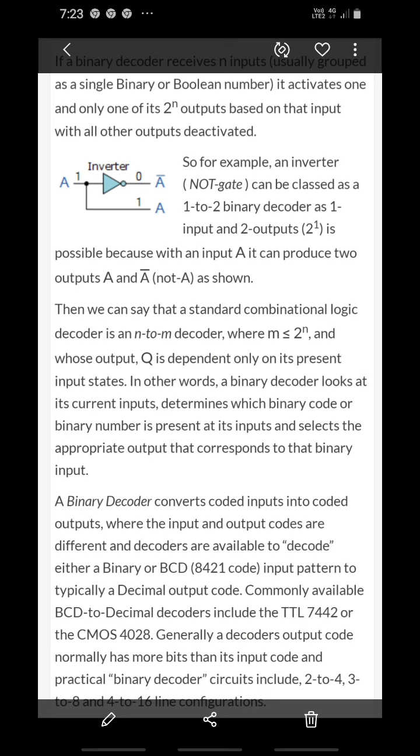So for example, an inverter NOT gate can be classed as a 1 to 2 binary decoder, as it has one input and two outputs. This is possible because with an input A it can produce two outputs, A and A bar, as shown in the above figure.